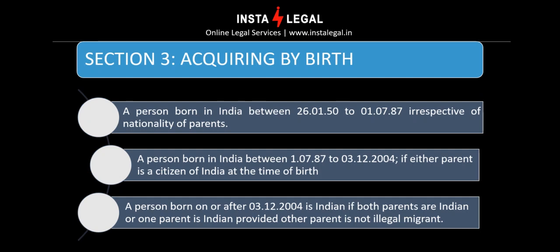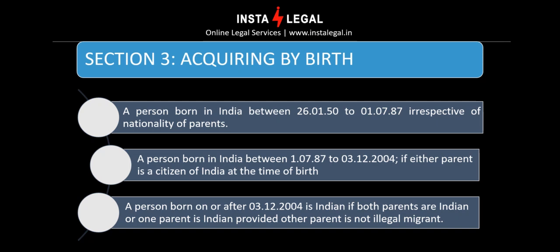Let us start with getting Indian citizenship by birth. The Act says that any person born between 26 January 1950 but before 1st July 1987, irrespective of the citizenship of his or her parents, shall be a citizen of India.